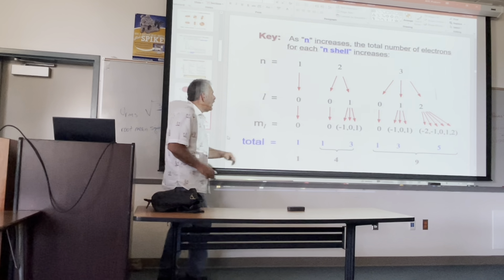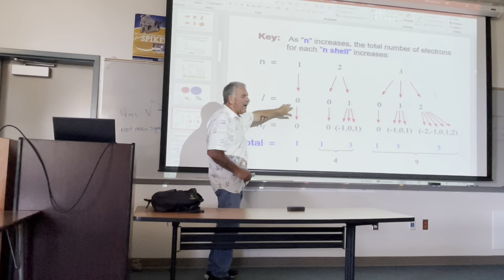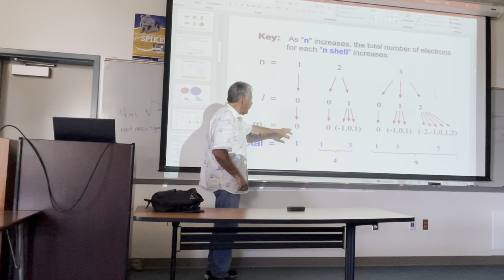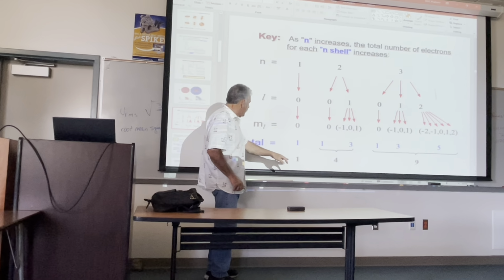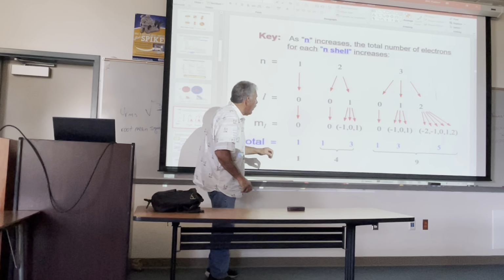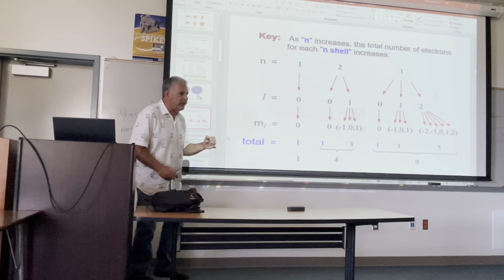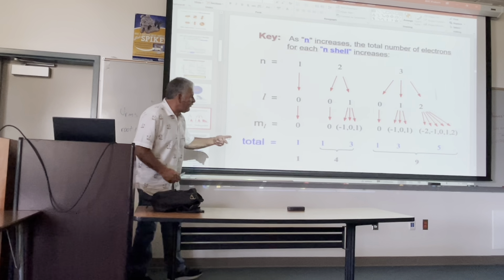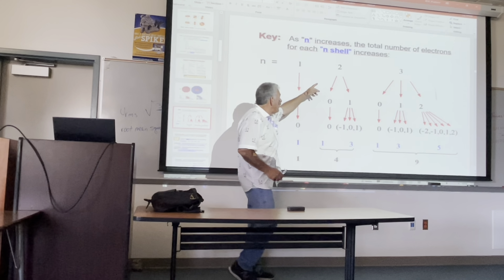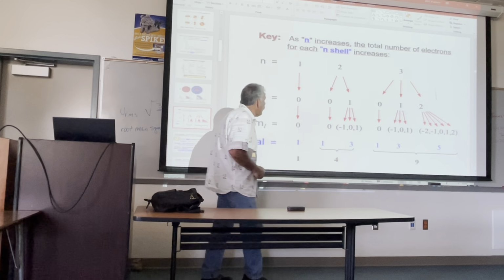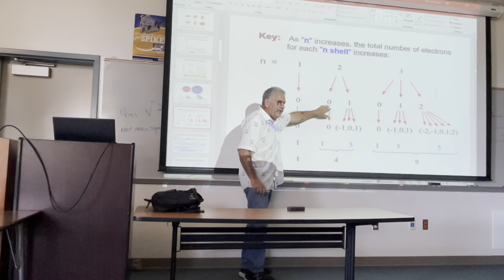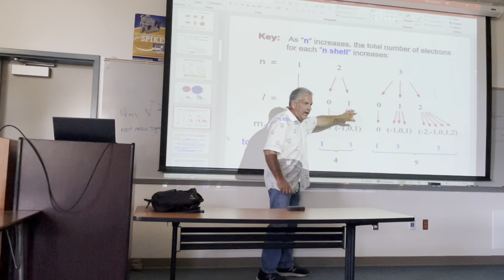So N equals 1, the only orientation is the sphere, right? And it can only be oriented one way, and so it can have one type of electron, one shell. Each shell has 2 electrons though. And then when you get to N equals 2, you can have the S orientation and the P orientation.